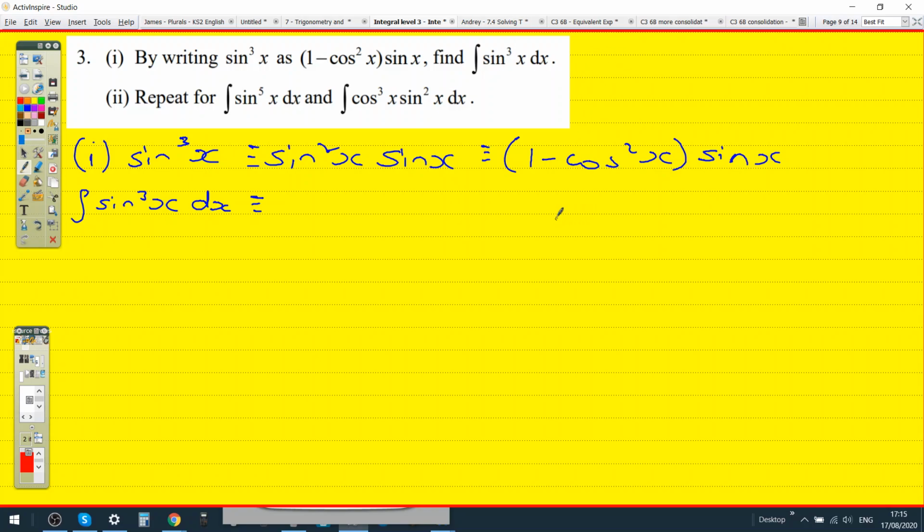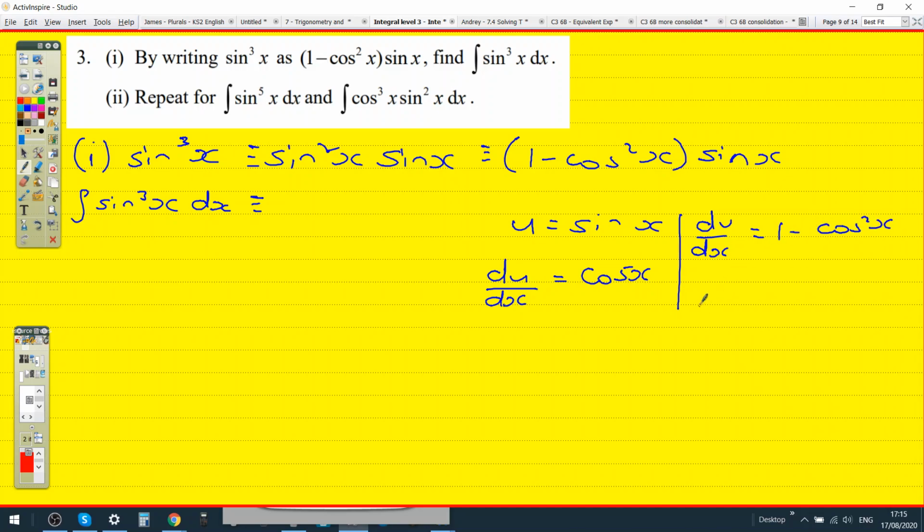And so, okay, if u is sine x, and so du by dx is minus cos x. Is that right? Or just cos x? Cos x. Yeah. So dv by dx is 1 minus cos squared x. Yeah. And then we don't really know how to integrate that, but x minus something.